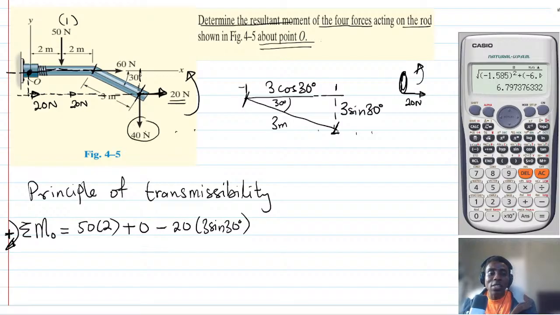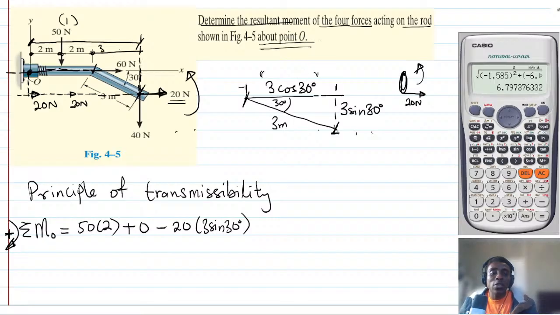You can also see that the 40 Newton force has got a line of action which is passing through like this. So all we have to do is look at the entire distance. Already we know that from here to here is 2, from here to here is 2, and we just need this horizontal distance, which now we know as what? 3 cos 30.